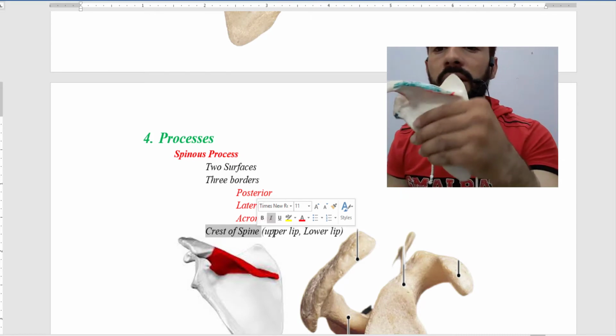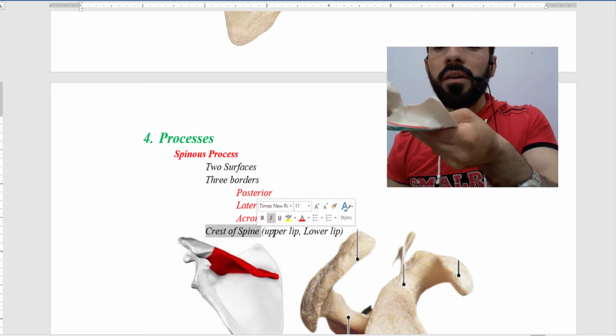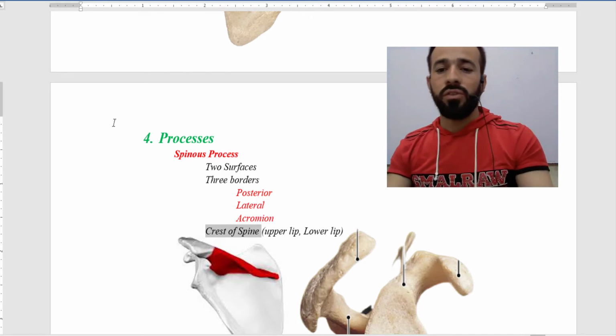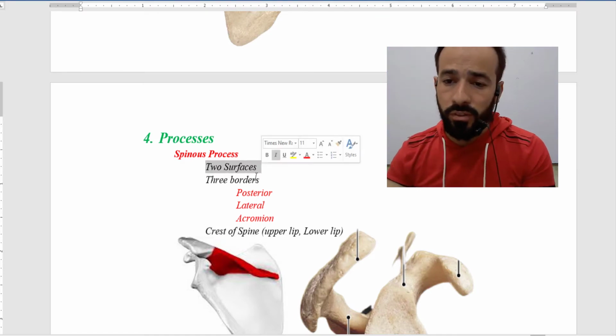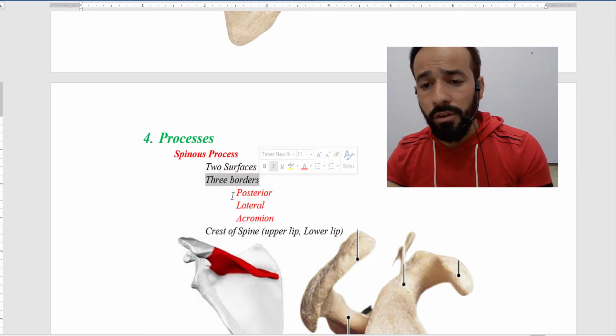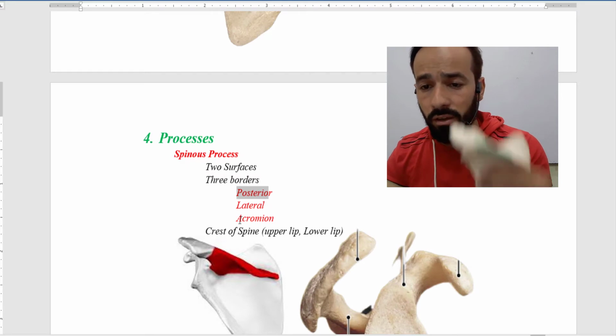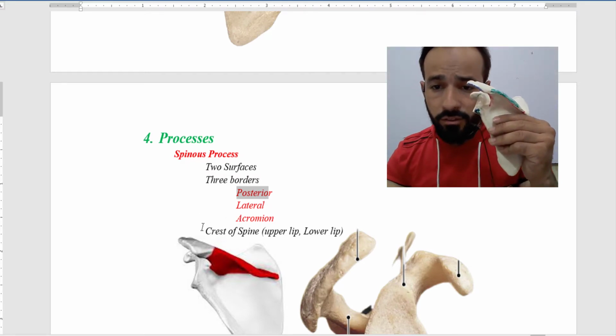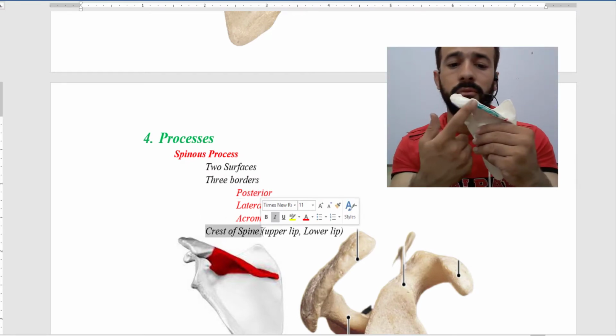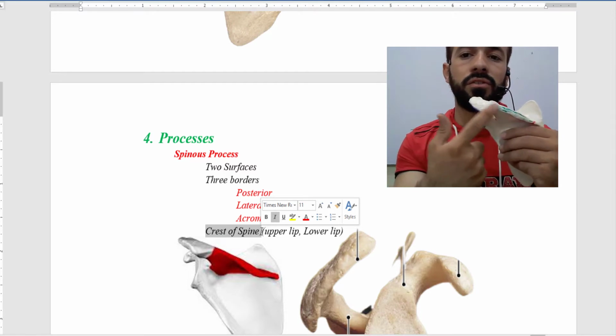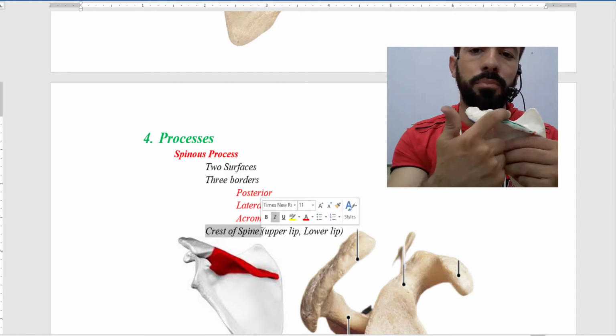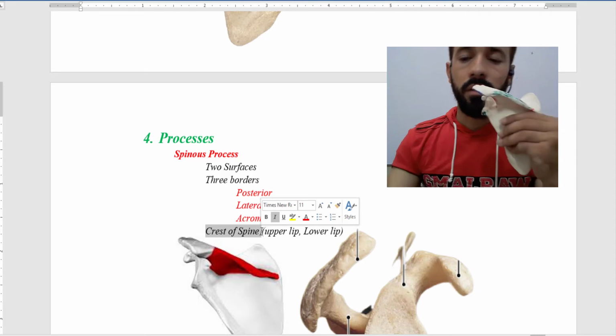So the spinous process has two surfaces, superior and inferior, and three borders: the posterior, the lateral, and the acromial. This is the crest, which I am showing with my finger, and it has a superior lip and an inferior lip.